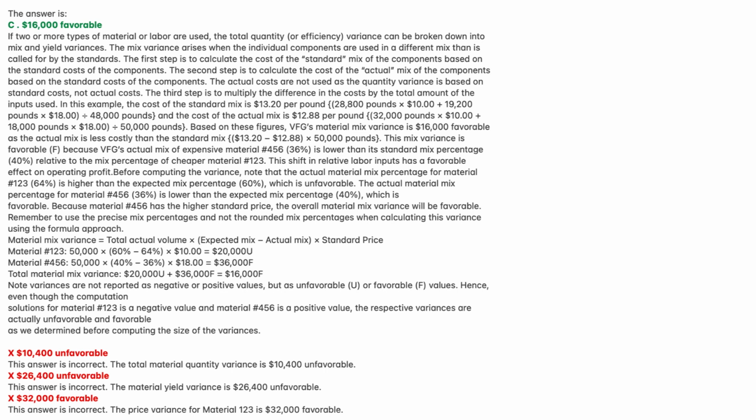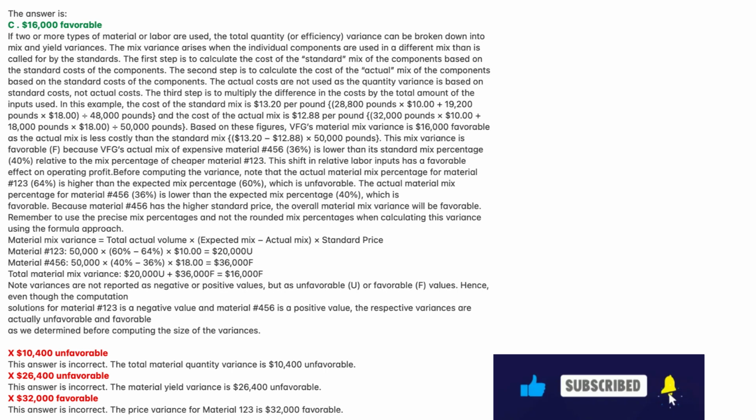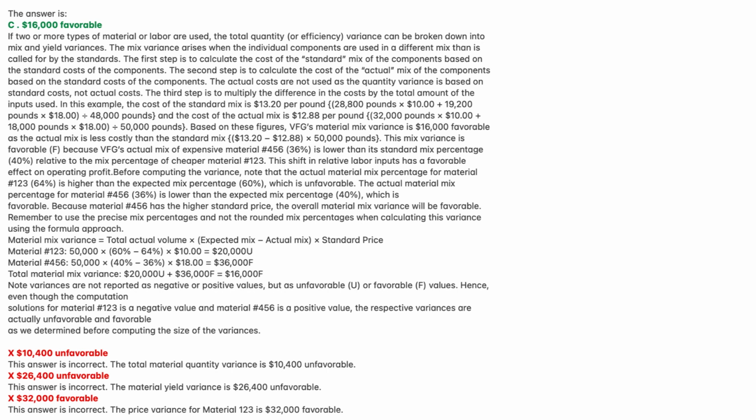Before computing the variance, note that the actual material mix percentage for material number 123, 64%, is higher than the expected mix percentage, 60%, which is unfavorable. The actual material mix percentage for material number 456, 36%, is lower than the expected mix percentage, 40%, which is favorable. Because material number 456 has the higher standard price, the overall material mix variance will be favorable.